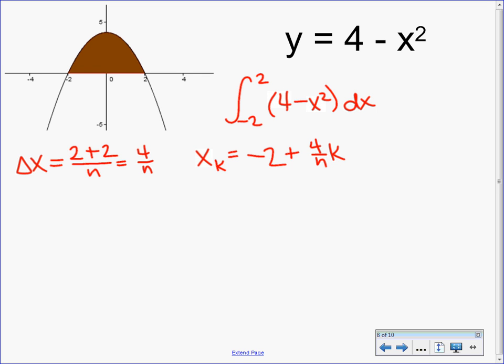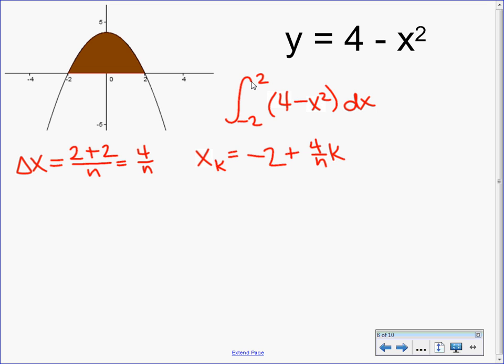For our Riemann sum, what are we actually going to have to do with x of k? Plug it back into the function. Here, I'll write our summation.